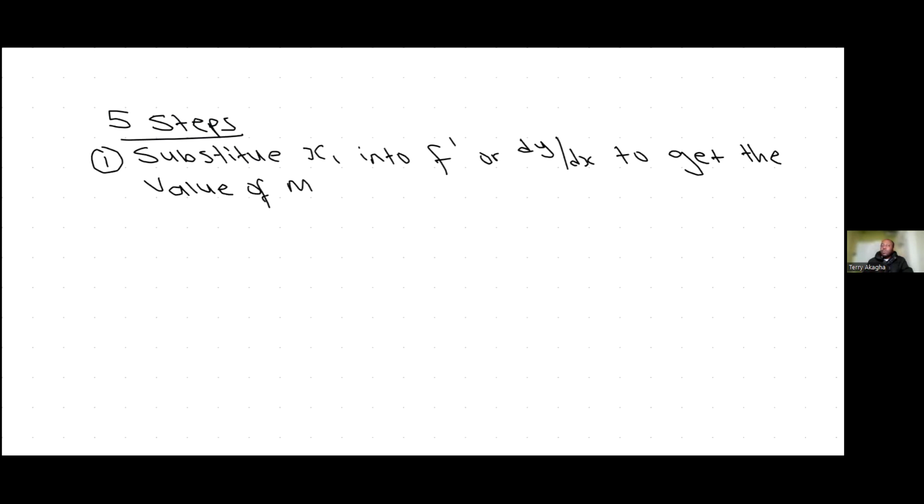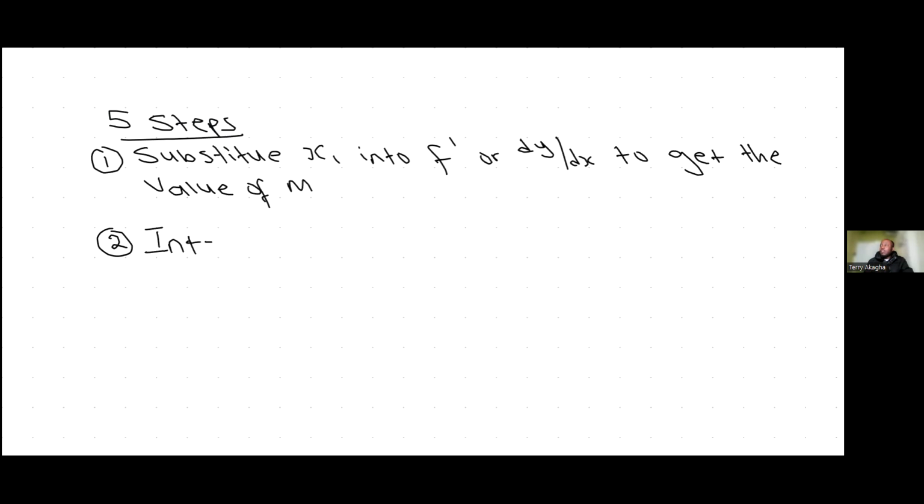Number 2, then you now integrate f prime or dy over dx using any of the relevant rules, so you can get y plus c, or f of x plus c. Because this is an indefinite integration, you're going to have a constant here. So let's go.